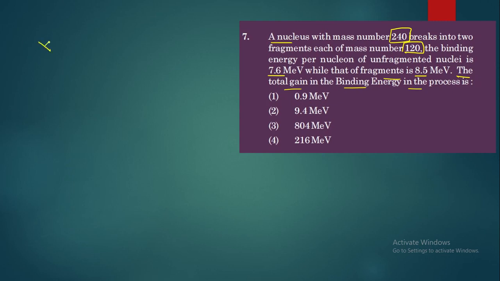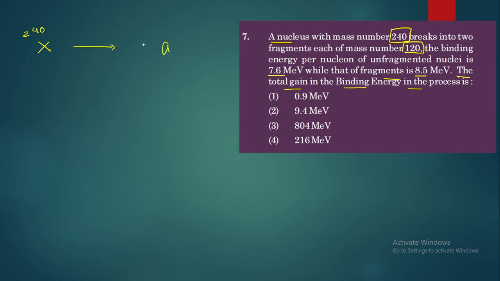So the context is the following. There was a nucleus. It breaks into two parts of equal mass number 120. Equal mass number does not imply the same element because the atomic number can be different. However, since we are supposed to calculate binding energy, which is related to the mass number, we can consider that both are of the same element anyway.